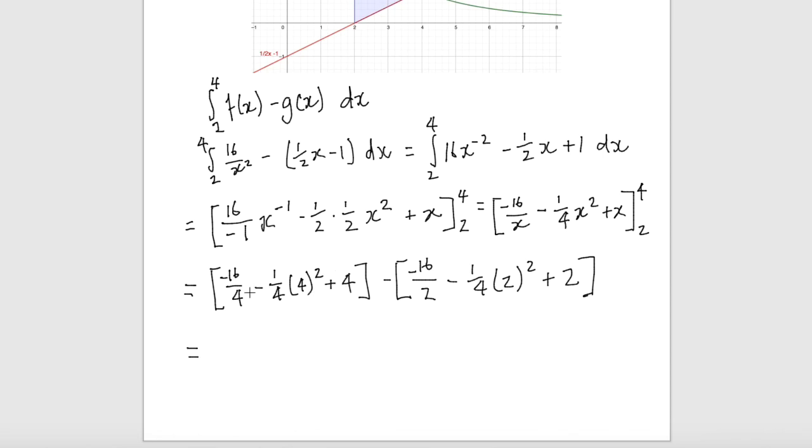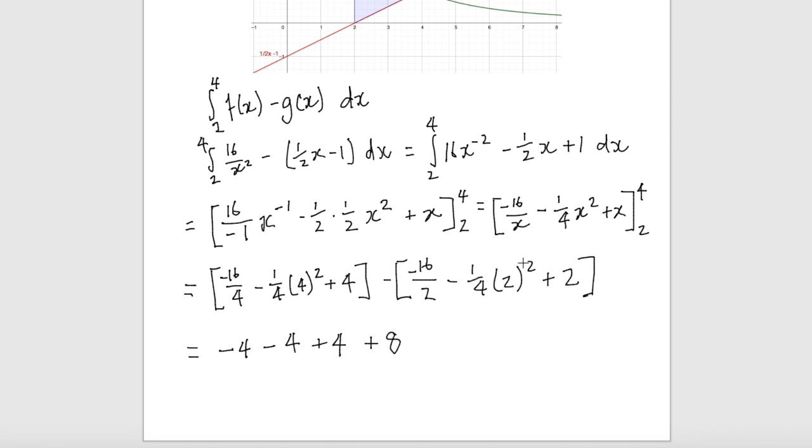So this is equal to, alright, negative 16 divided by 4 is negative 4. 4 squared is 16, 16 divided by 4 is 4, so that's minus 4 plus 4. Alright, this part here, minus 16 divided by 2 is minus 8, but it's plus 8 because of that minus at the front.